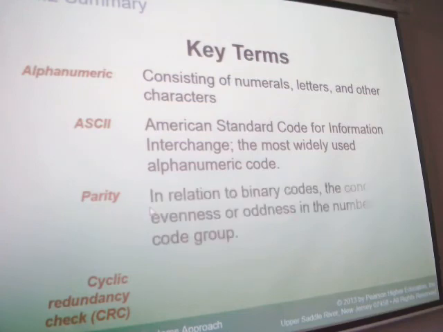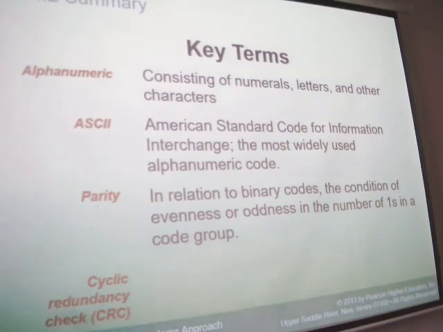Parity in relation to binary code is the condition of evenness or oddness in the number of ones in a code group. If the number has even ones, then the parity of this number is 0.